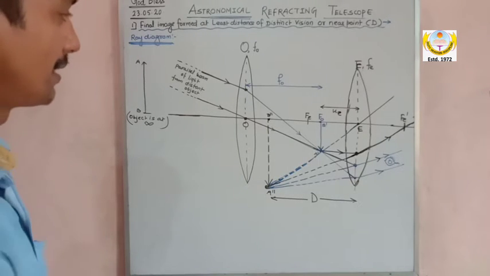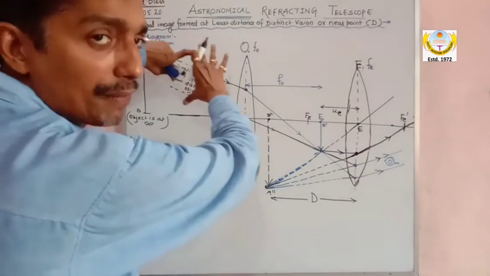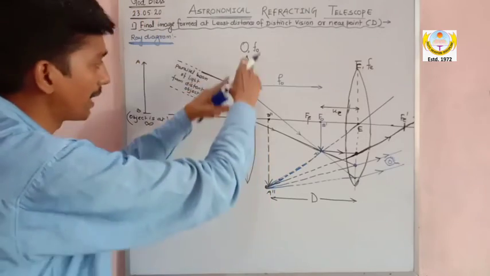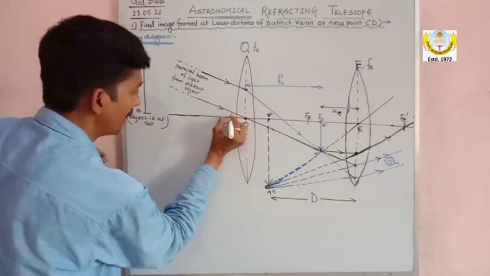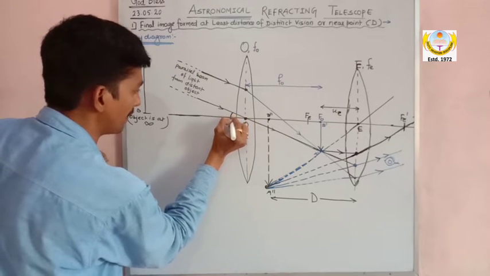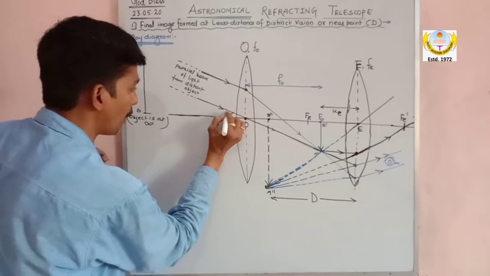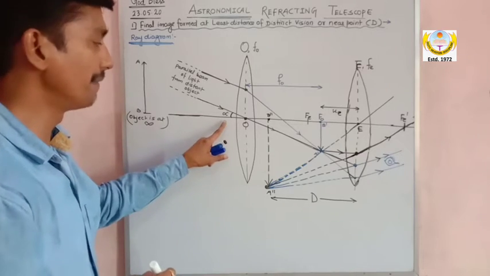Here you can see in my diagram that the parallel beam of light from infinity is falling on the objective lens. This parallel beam of light coming from infinity makes a visual angle at the objective lens.